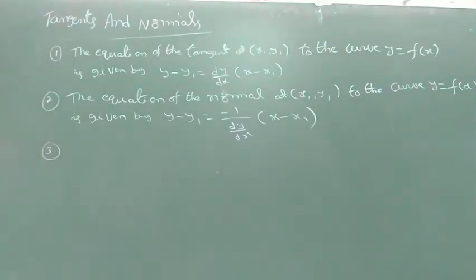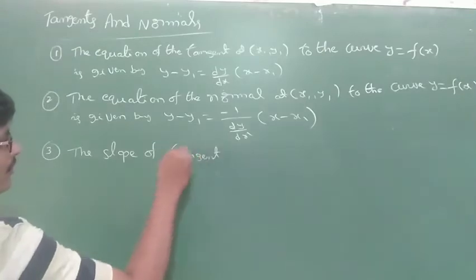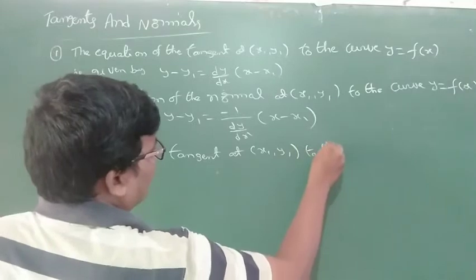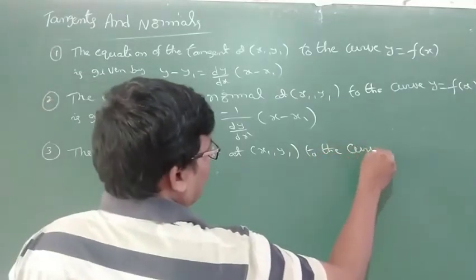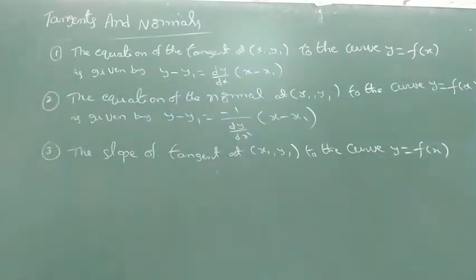Third one, the slope of tangent at x1 comma y1 to the curve y is equal to f of x is dy by dx, that is m.